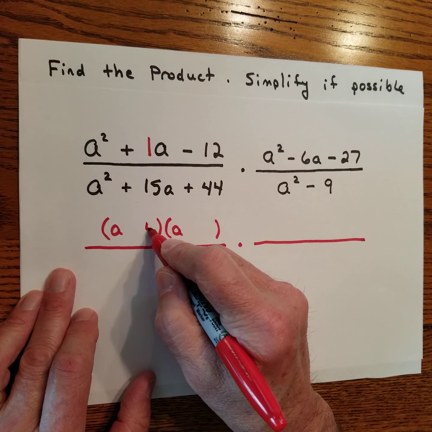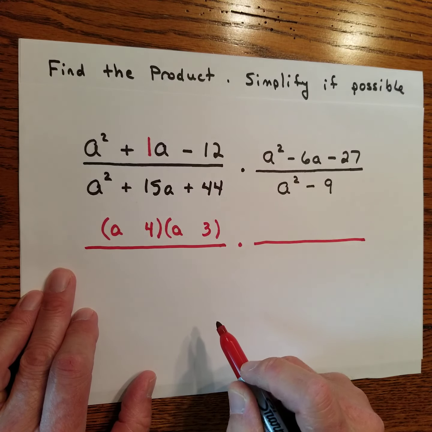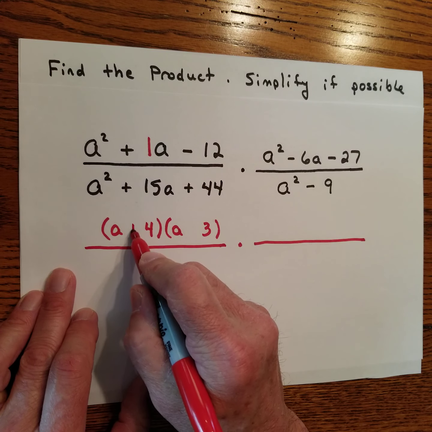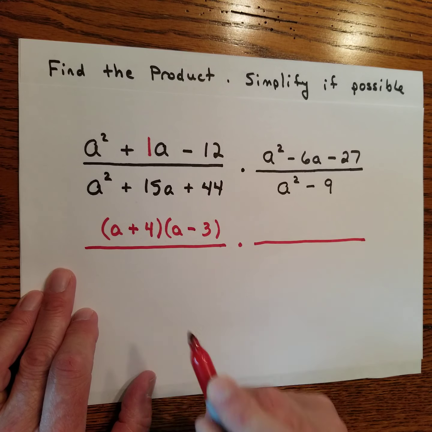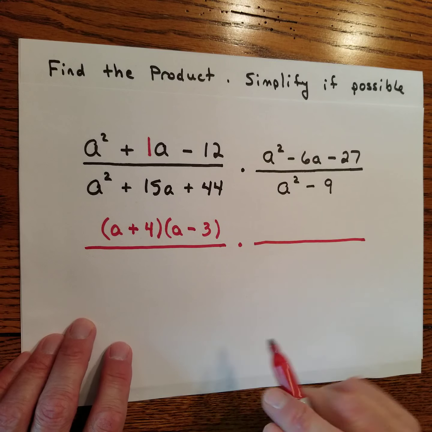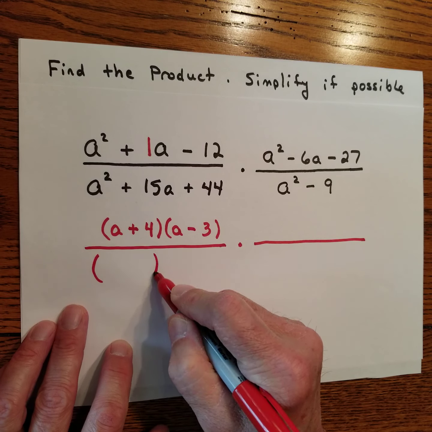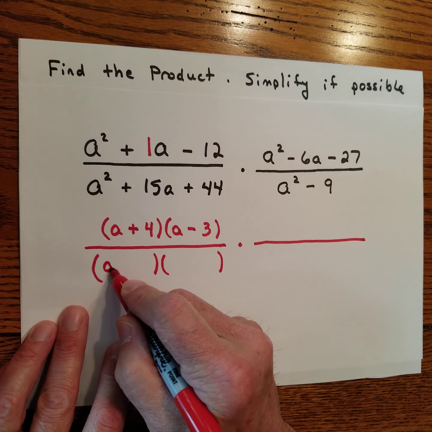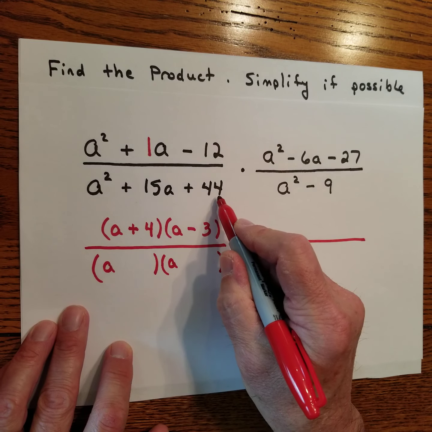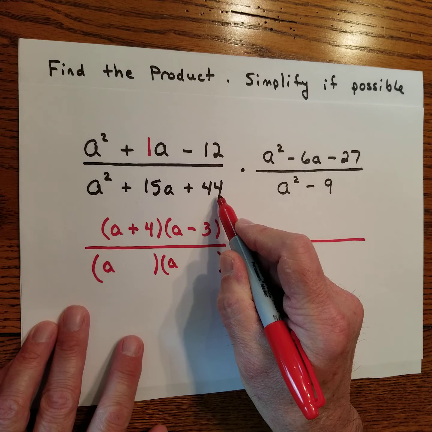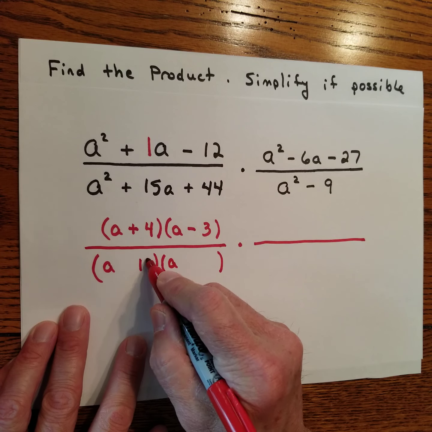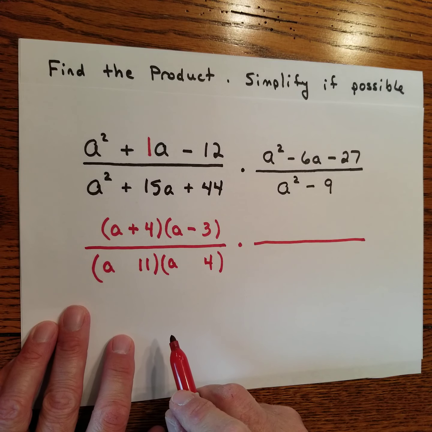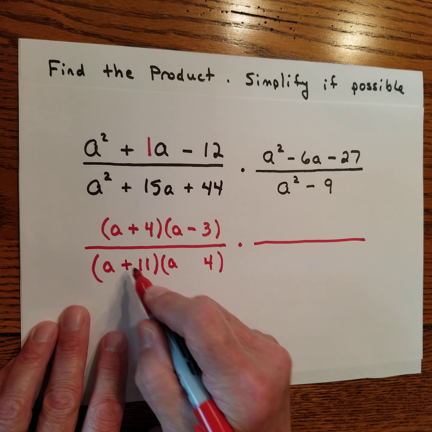Well, 12 could be 4 times 3. 4 and 3 will add up to 1 if I make the 4 positive and the 3 negative. This bottom one's a little tricky to factor. But I know that 44 is 11 times 4. 11 and 4 also add up to 15 if I make them both positive.